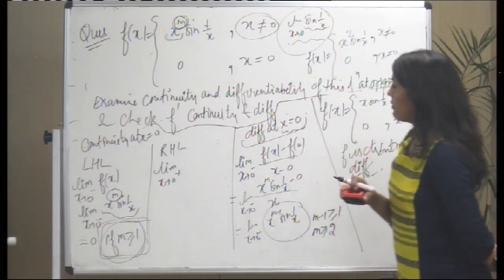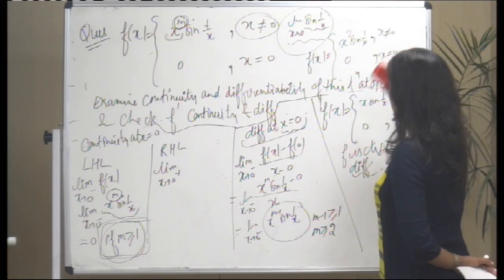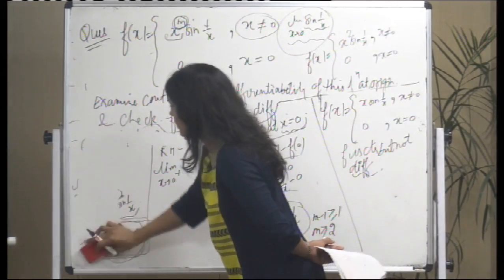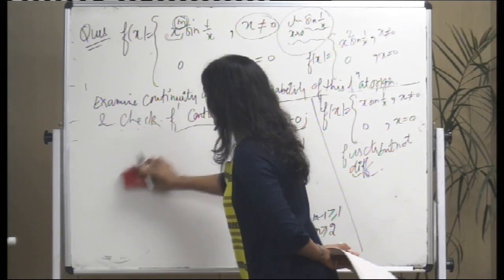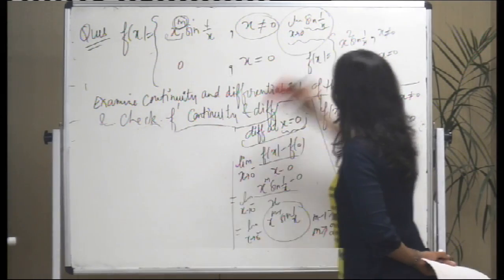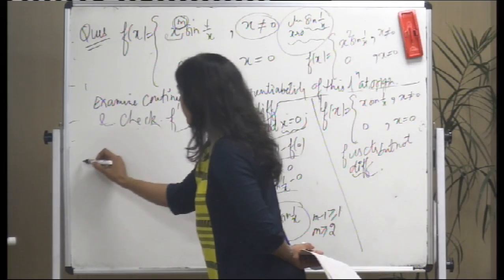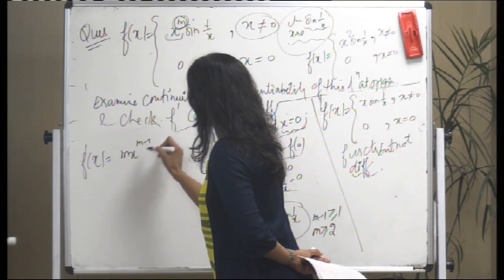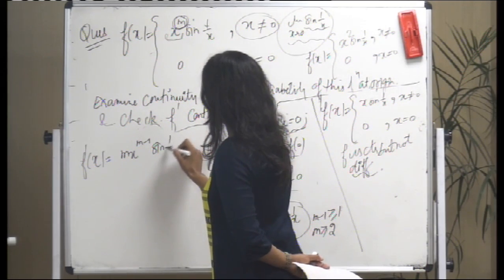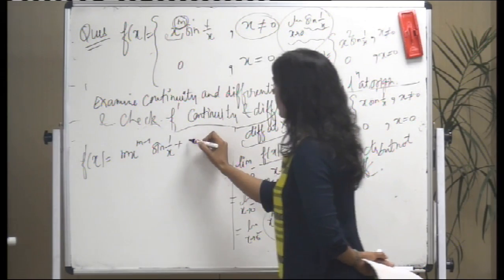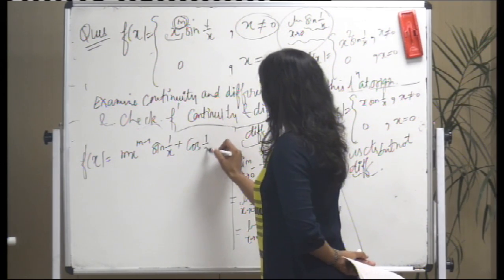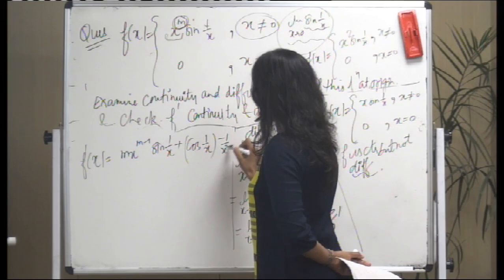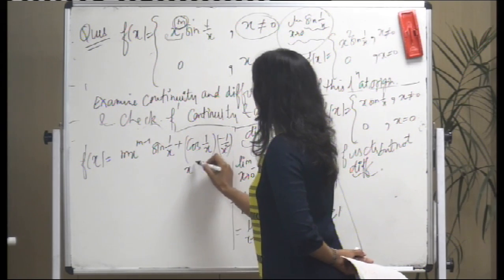What about the derivative now? Ultimately we have to find out the derivative. I rub the board because I have to check the continuity of the derivative now. Come to the derivative. What was the derivative? f dash x was m x^(m-1) sin(1/x), then cos(1/x) and minus 1 by x square into x to the power m.